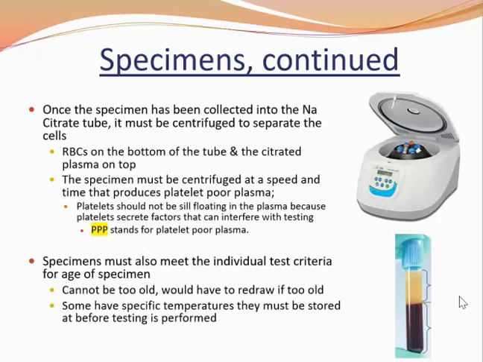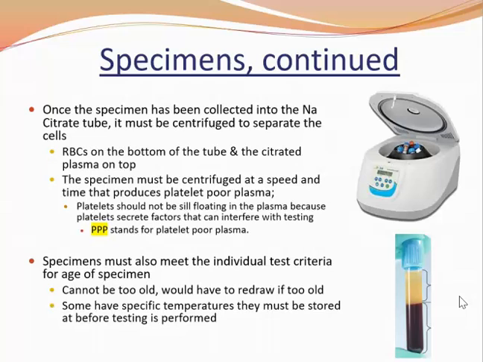The specimen must be centrifuged at a speed and for a time that produces platelet poor plasma, or PPP, platelet poor plasma. Platelets should not be floating in the plasma because platelets secrete factors that can interfere with a coag test.